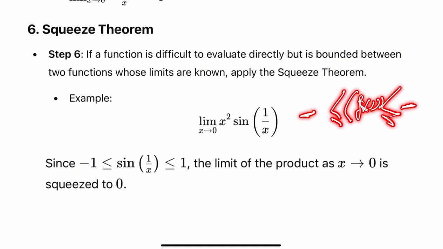So if you see that it's hard to find the limit of this one, you just squeeze it between two different functions, and the limit should be the same as theirs.